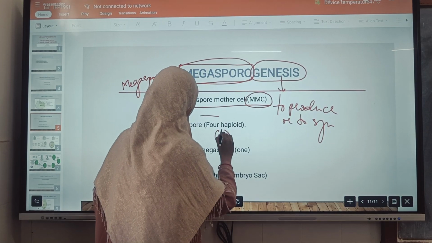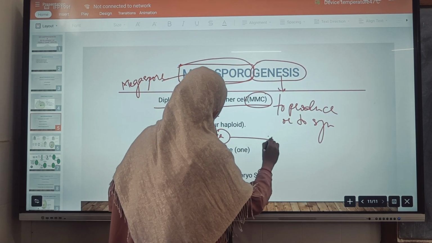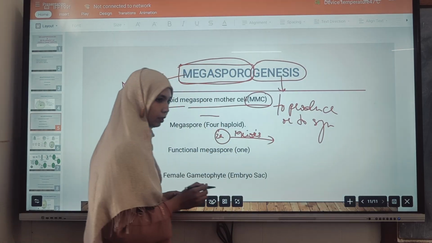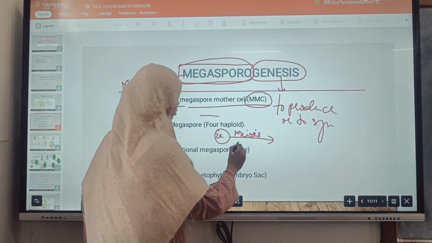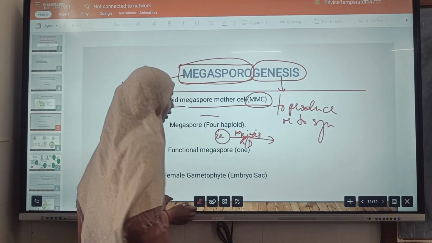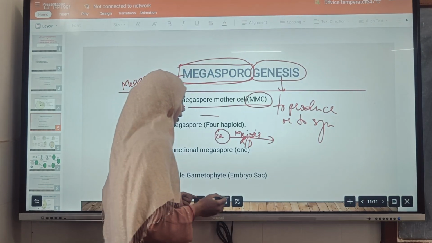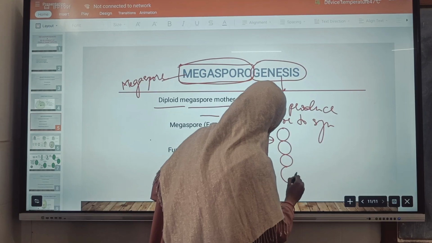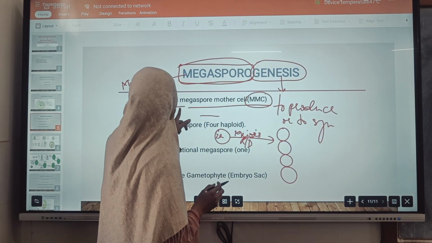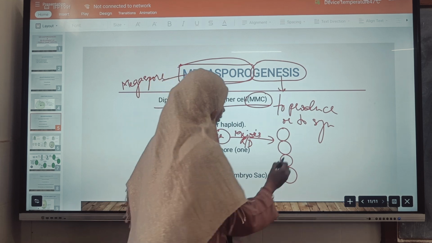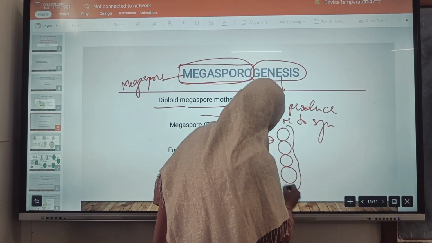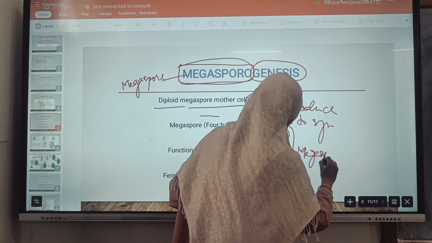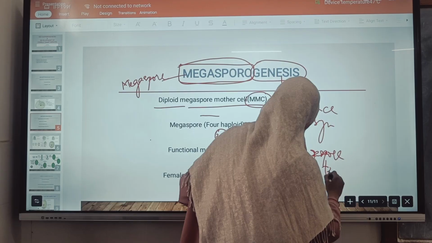When a megaspore mother cell undergoes meiotic division, which is also called reduction division, it gives rise to 4 haploid daughter cells. So when a megaspore mother cell divides, it gives rise to 4 linear haploid megaspores, a tetrad.